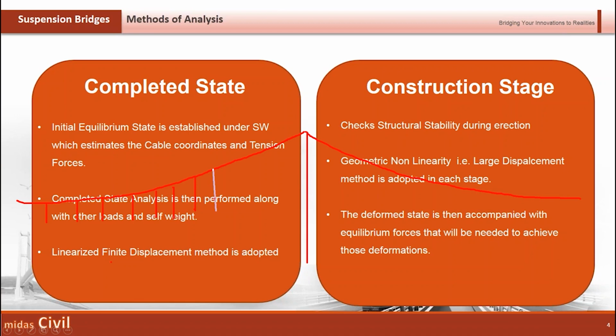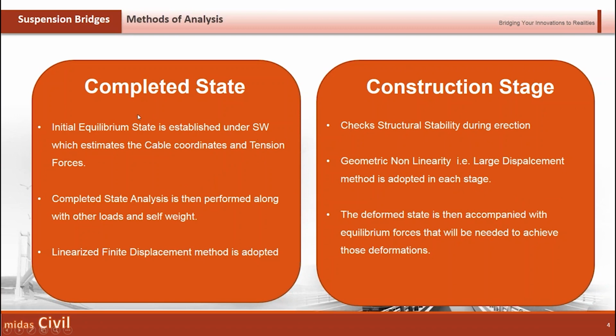It's a very complicated bridge because it has a lot of different displacements that you need to consider. So to analyze such a bridge, Midas provides you two types of analysis: one is completed state analysis and one is construction stage analysis.